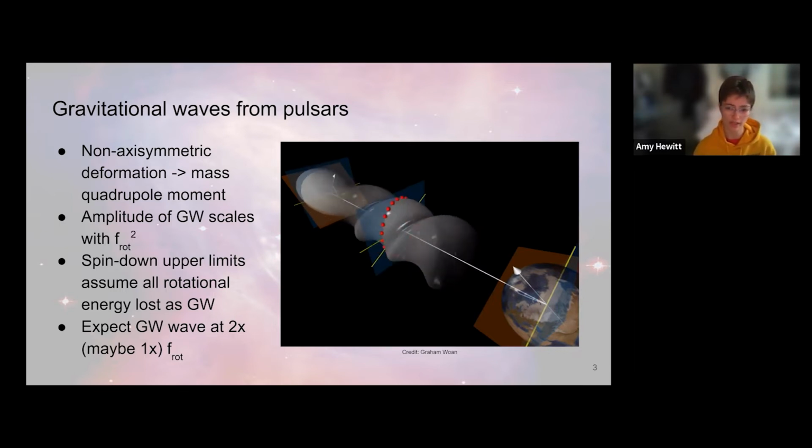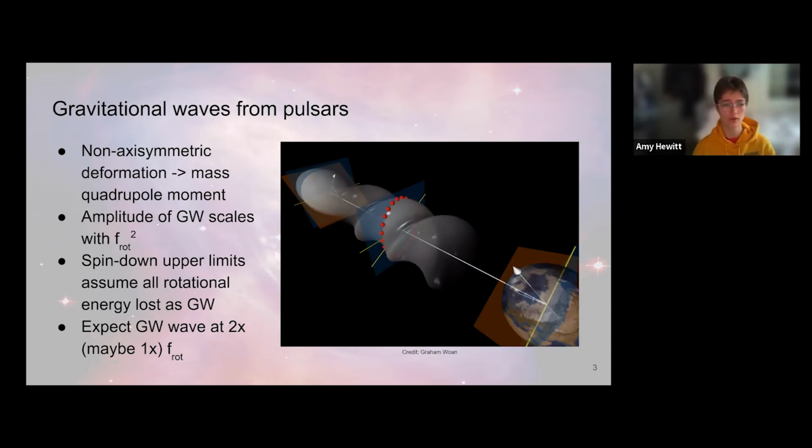You can also set a very naive upper limit on the amplitude of the gravitational wave you might expect to see based on the spin down. That's the pulsar losing angular momentum, and you can see this in just the frequency derivative.